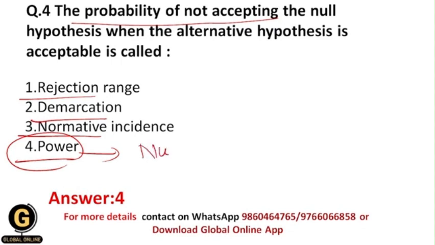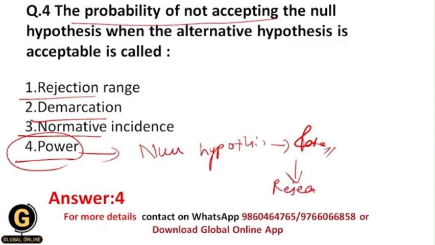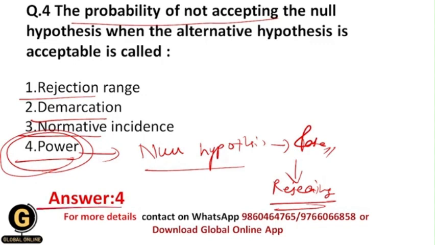Whenever the null hypothesis is actually false in reality, and that's why we are rejecting it, the probability of rejecting this false null hypothesis is called power. And that's why your correct answer should be 4.